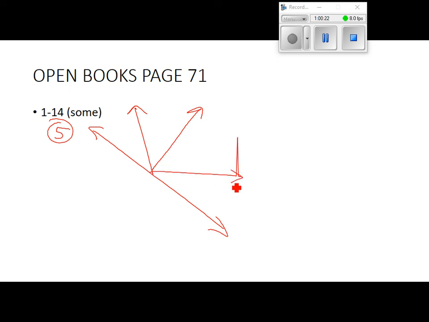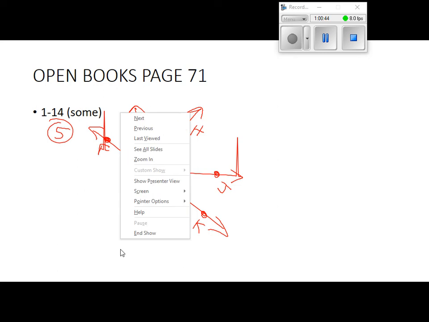What letter goes here? And what letter goes there? J. K. What letter goes here? L. And they also told us this.